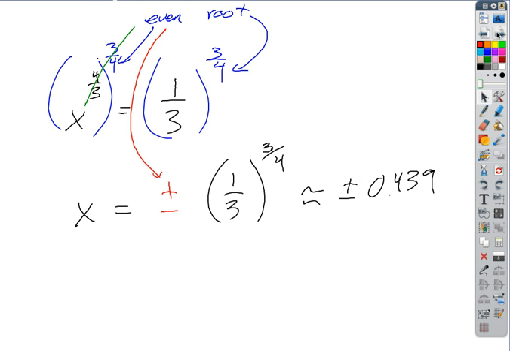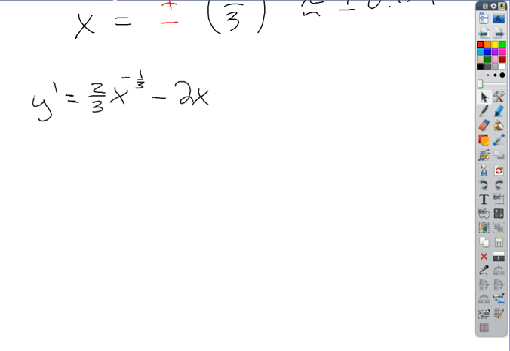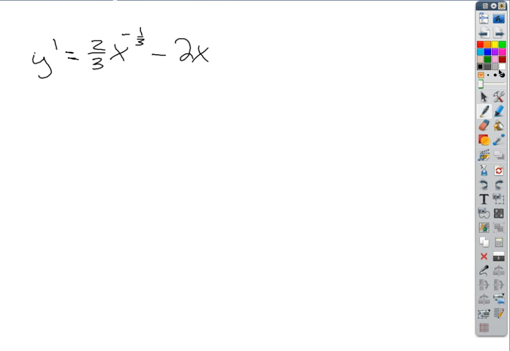Okay, what about this second derivative? What are we going to get? Negative 2/3. Negative 1/3 x to the negative 1/3. What's my rule? I bring down the power, the exponent.